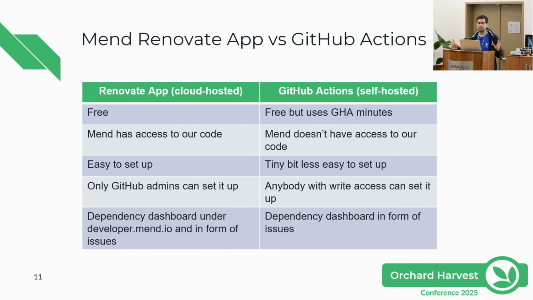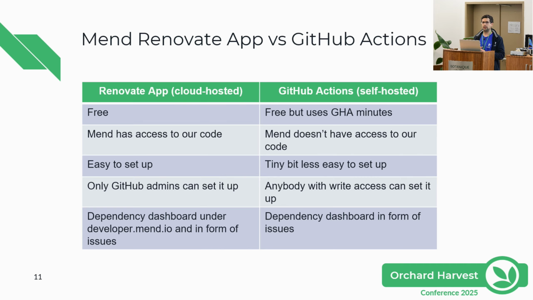Both of them are free, but with GitHub Actions, you need to run the Renovate CLI. So if you are in a public repository, that will still be free. If you are in a private repository, it will cost you money. How much? It depends on how you use GitHub Actions. There are free minutes available as well, but usually it will cost something. Renovate itself is free and open source in your case.